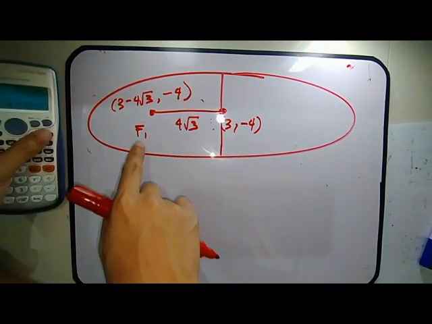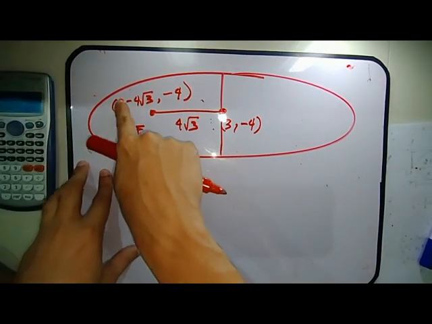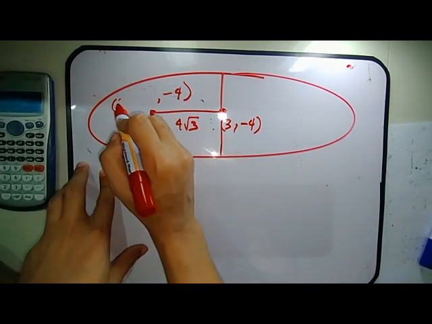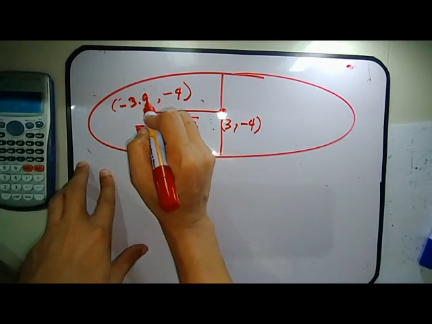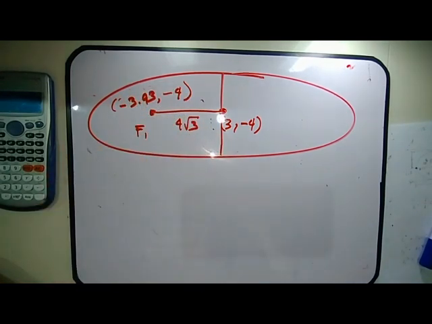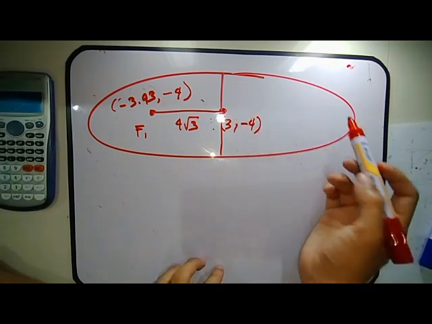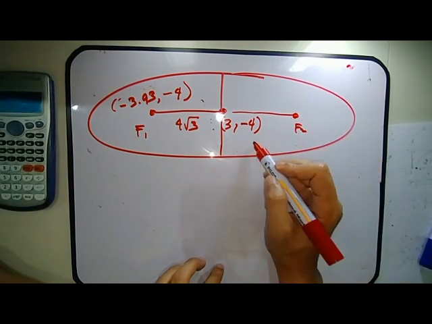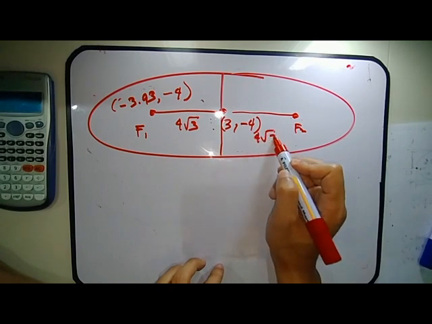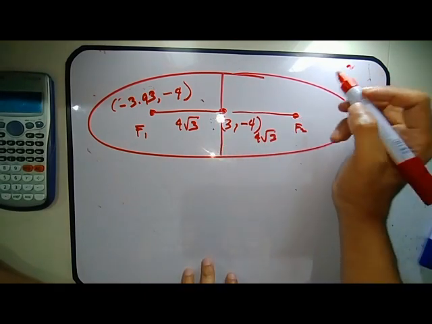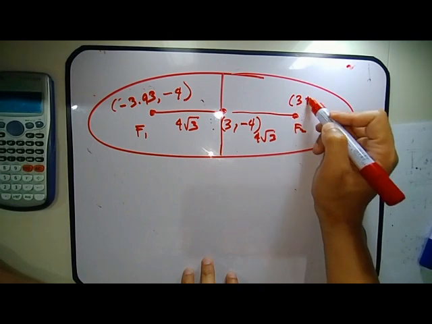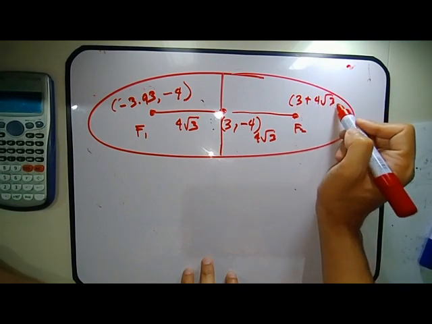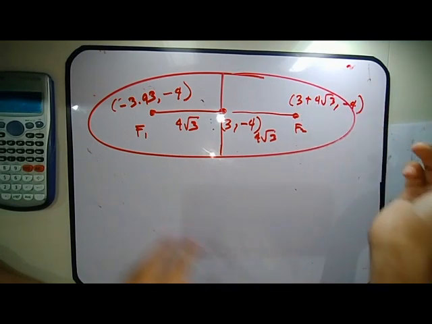So that is negative 3.928. So to the other side, yung F2 natin, so this is 4 square root of 3 din units. Then ito ay 3 plus 4 square root of 3, negative 4.